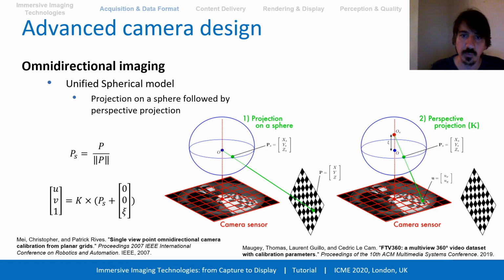And only then we can use a perspective projection to project that point onto the camera sensor. And this is computed with a matrix generally named K, similar to the intrinsic matrix in the pinhole camera model. But the center of projection is here shifted from the sphere center and the camera center, as shown on the right. That shift parameter will depend on the mirror shape or the fisheye lens used.